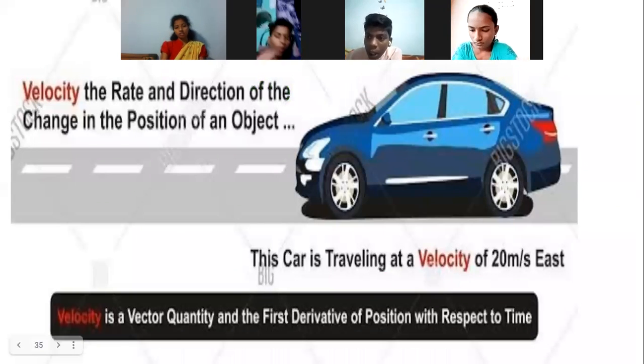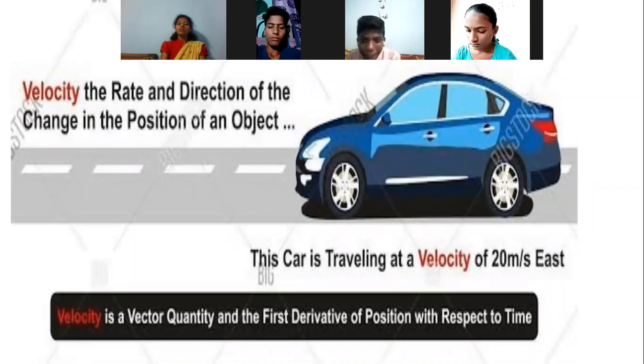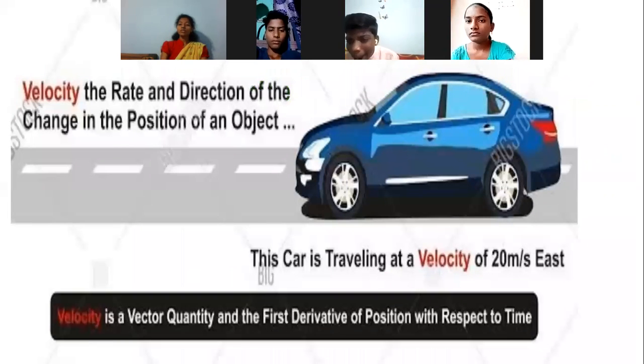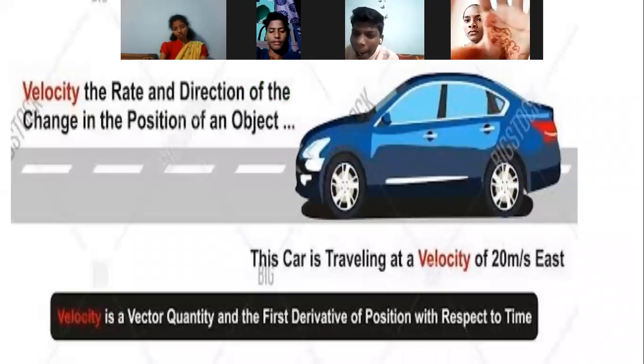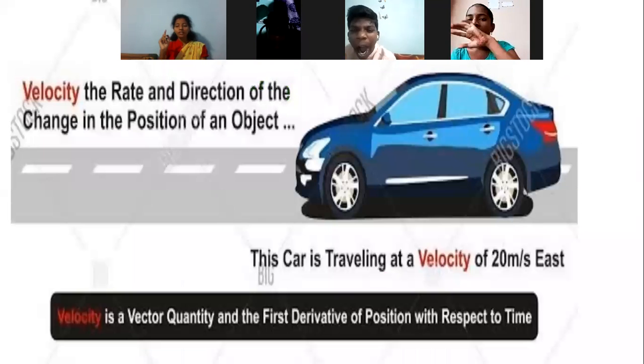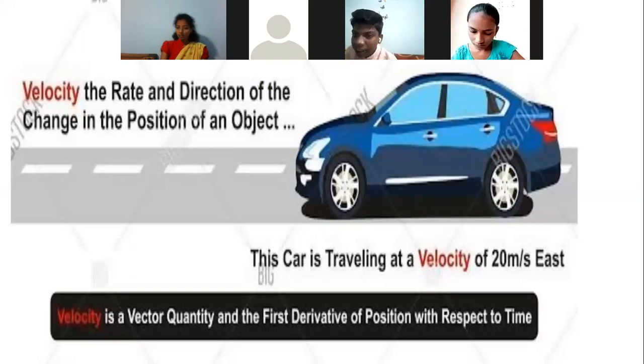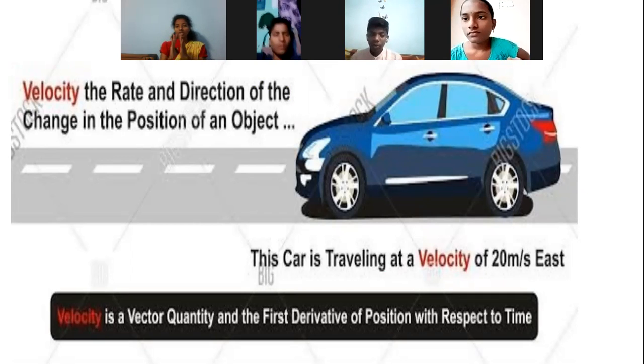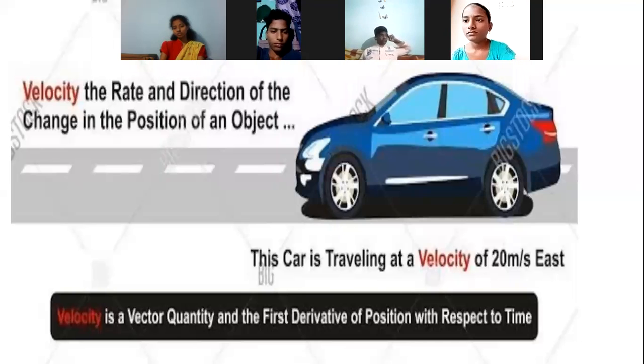See, velocity. Then what is velocity? Simply, velocity is nothing but the rate of change of displacement. Speed is the rate of change of distance, but velocity is the rate of change of displacement. We know displacement gives magnitude and direction, so velocity also gives magnitude and direction.